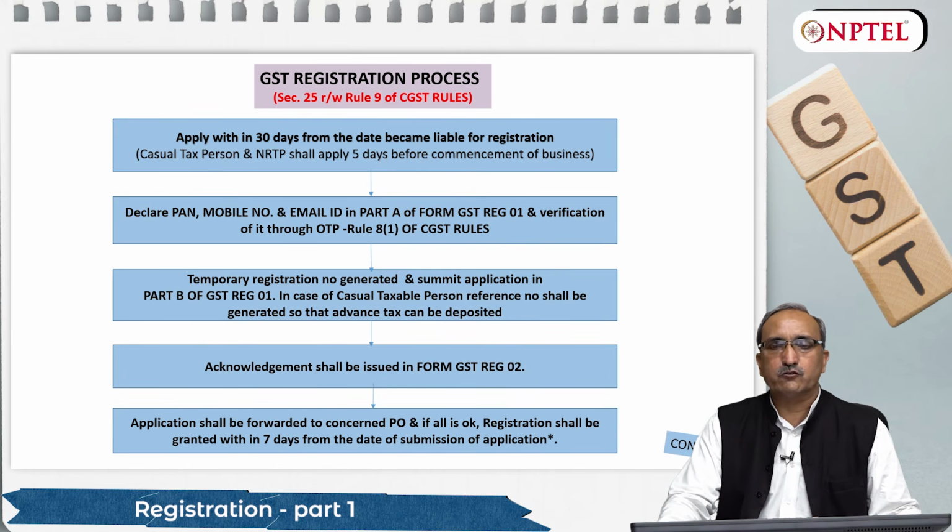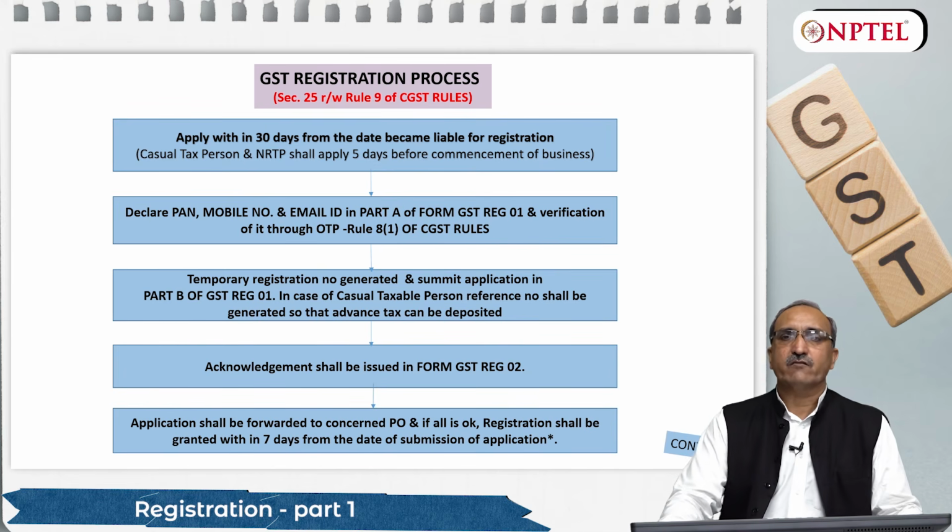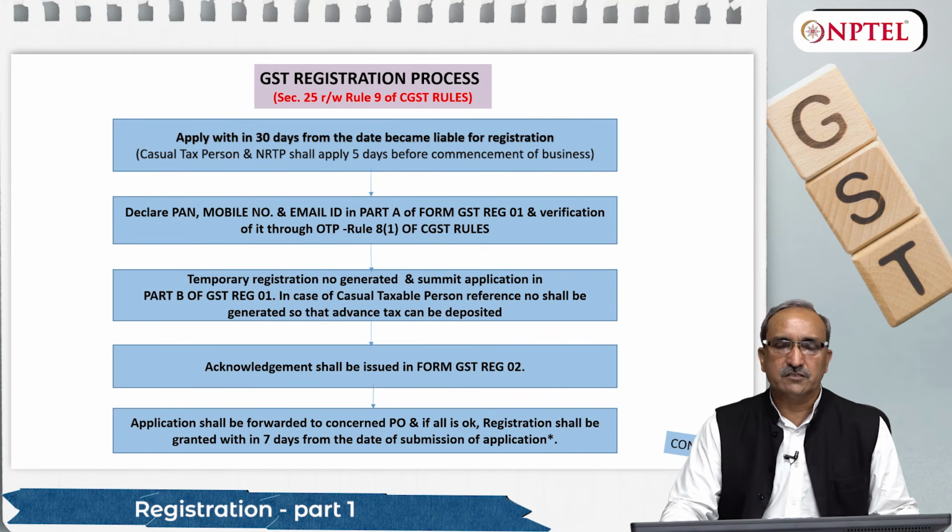After determining the actual tax liability, deduct the advance tax you have already paid on an estimate basis, and the balance amount will be paid, and then the tax authority will allow you to leave the state. This is the procedure for casual taxable persons, whether from India or from outside India.